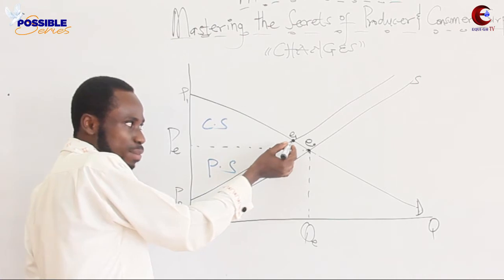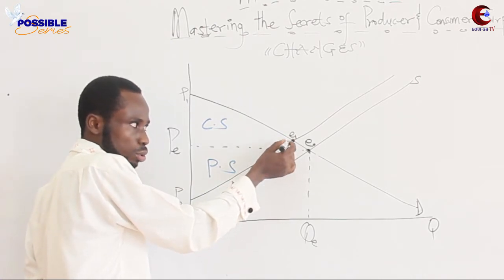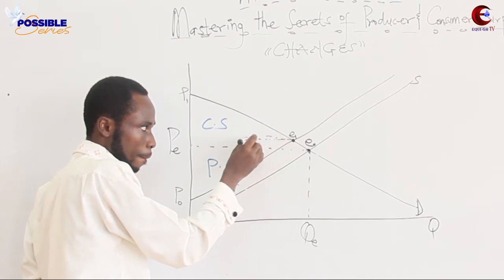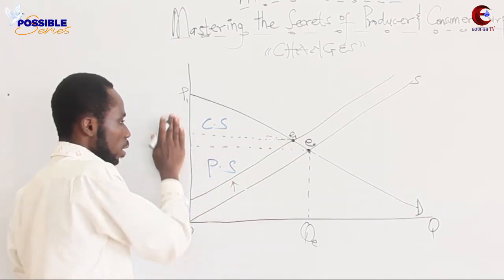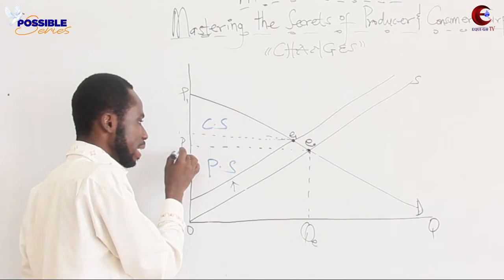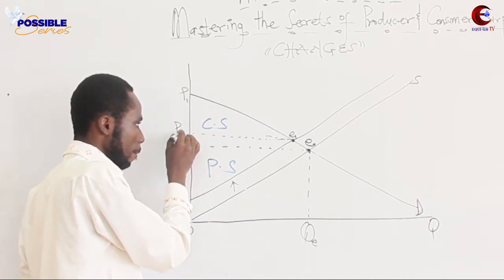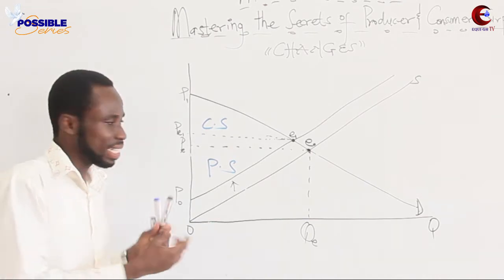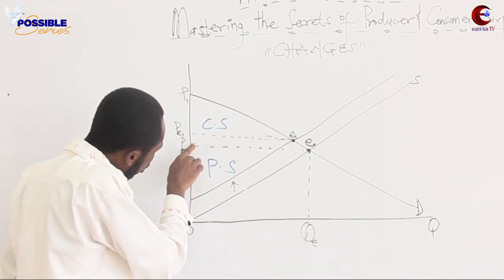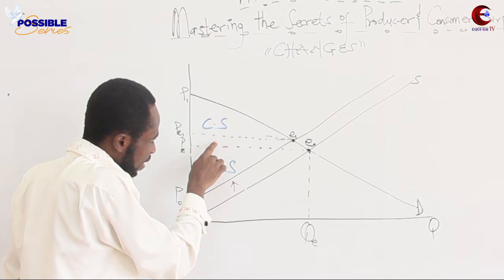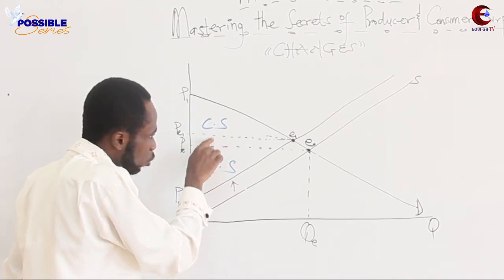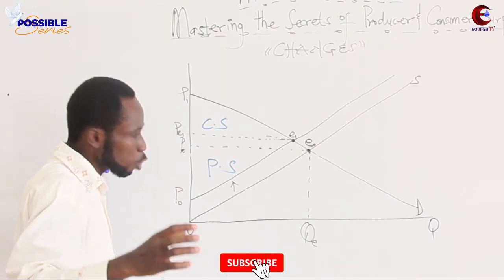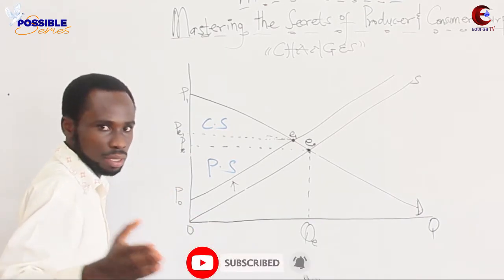And if the equilibrium moves upward, it means that our new equilibrium price is no more going to be this, but it's going to be this. And if the equilibrium price also shifts upward from here to here, it means that the consumer surplus is also going to be reduced.